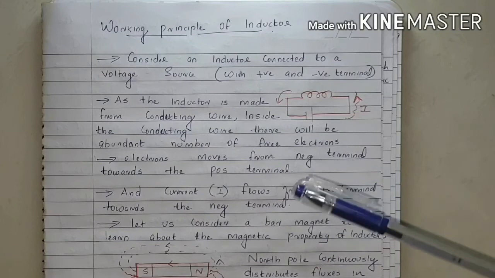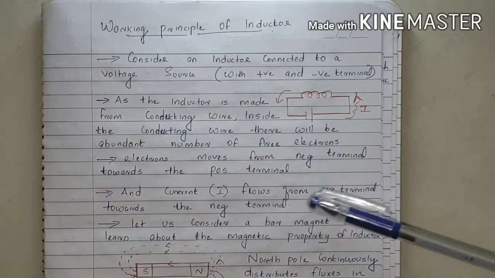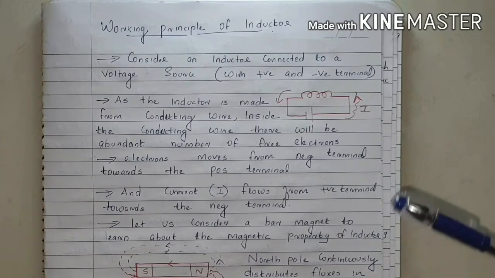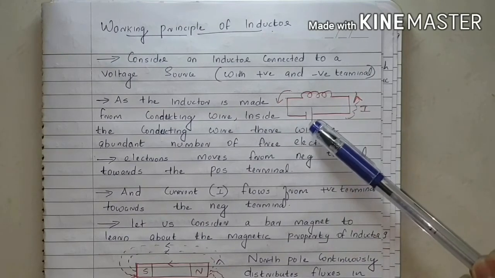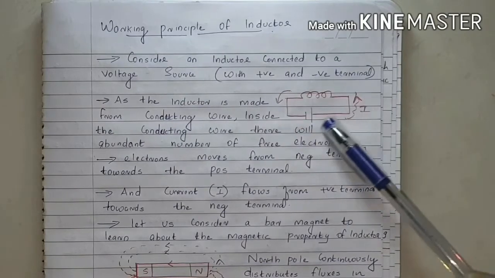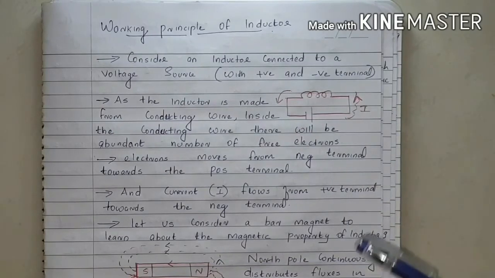Since it is made from conducting wire, inside this conducting wire there will be abundant number of free electrons. Since the electrons are negatively charged, they get repelled from this negative terminal and get attracted towards the positive terminal.